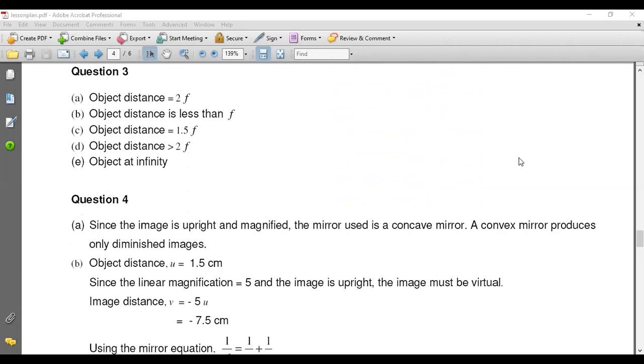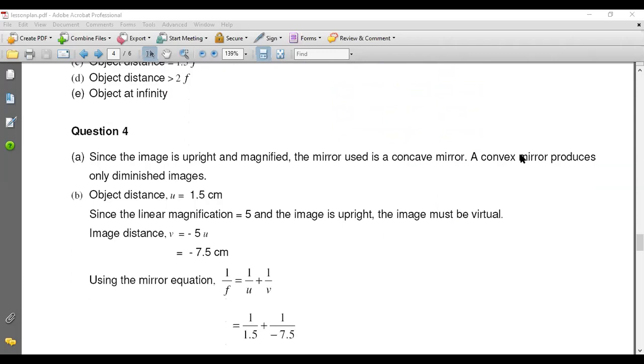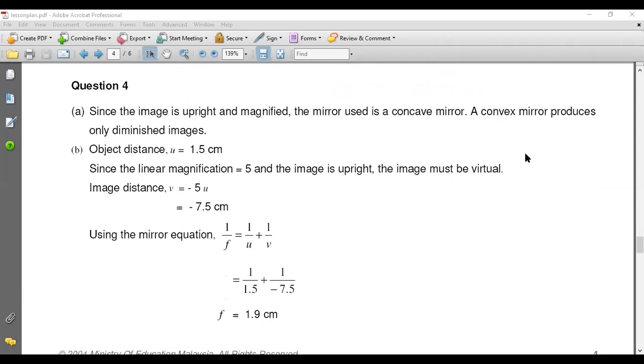Answer for question number 3. Answer for question number 4.